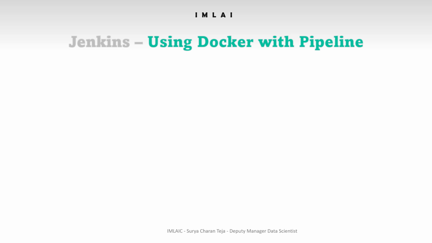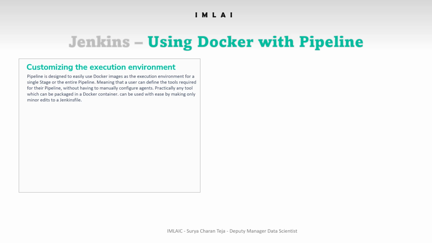In Jenkins, starting with version 2.5, all the Jenkins versions provide ways to integrate Docker containers or Docker images inside the Jenkins pipelines, inside the Jenkinsfiles. So in this session, we are going to do some examples of building Docker containers or Docker images using a Jenkinsfile. Let's do that.